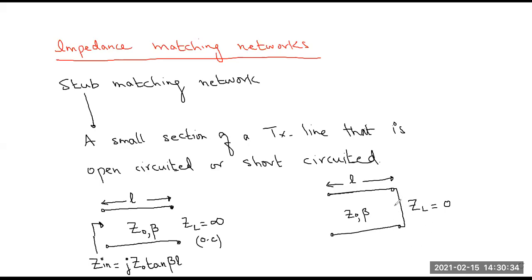So now this is a short circuited load. What will be the impedance between the input terminals of this line? Using the input impedance equation that we have covered in this course, we will get this result.